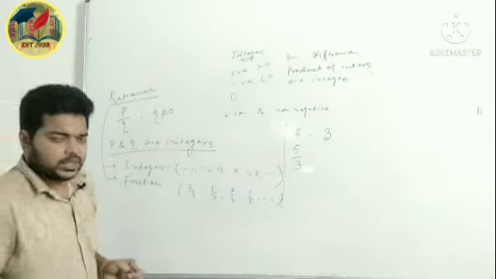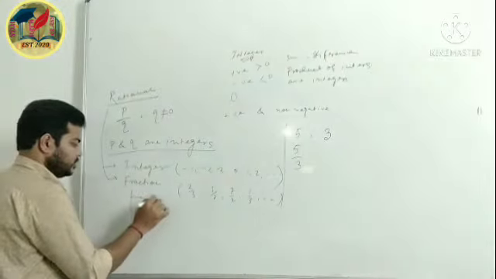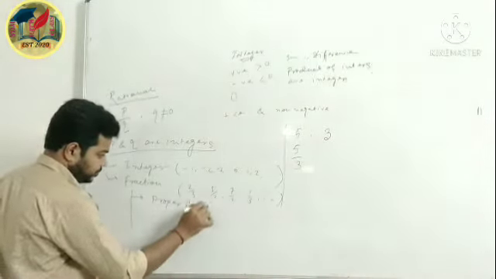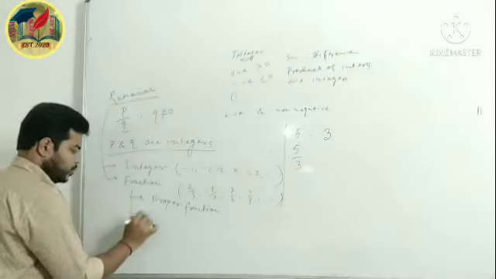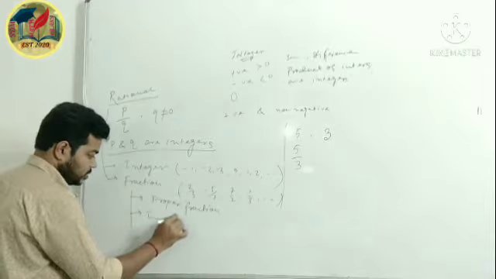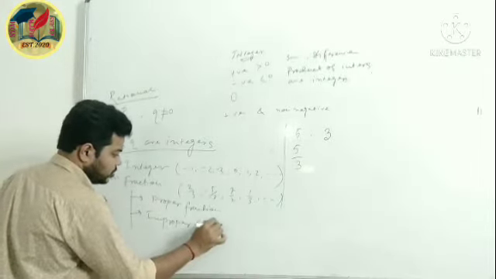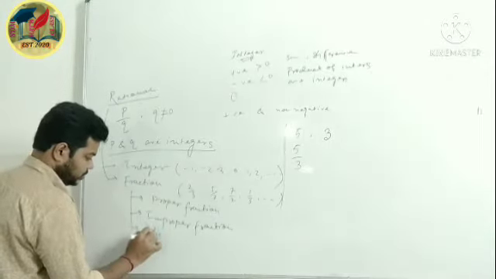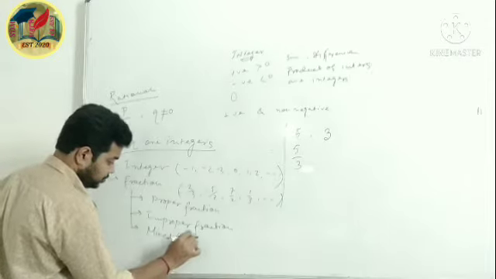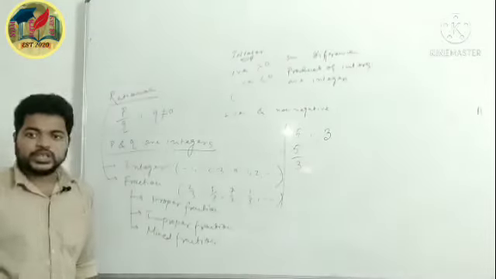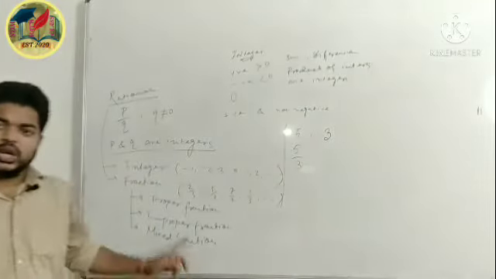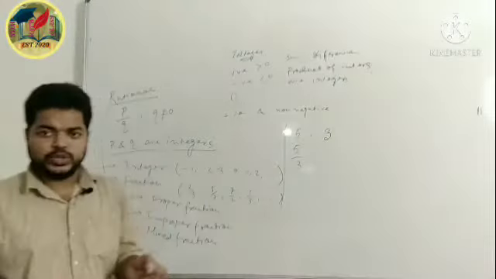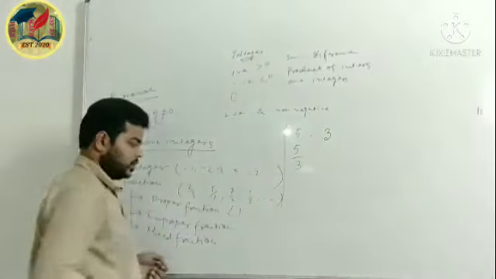Fractions are of some types. There are proper fractions and improper fractions, and type 3 is mixed fractions. All of you know about proper fractions. A proper fraction is a fraction whose denominator is greater than the numerator, that is, the fraction whose value is less than 1.